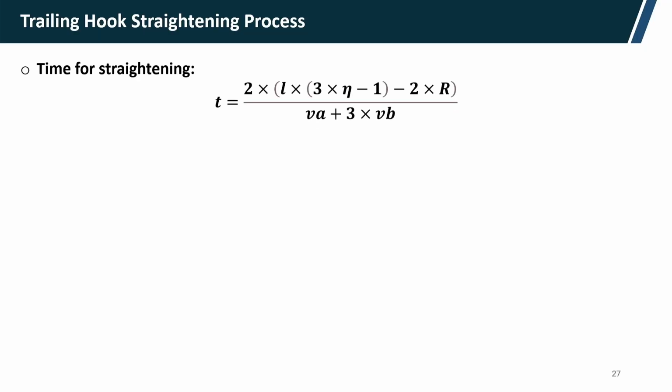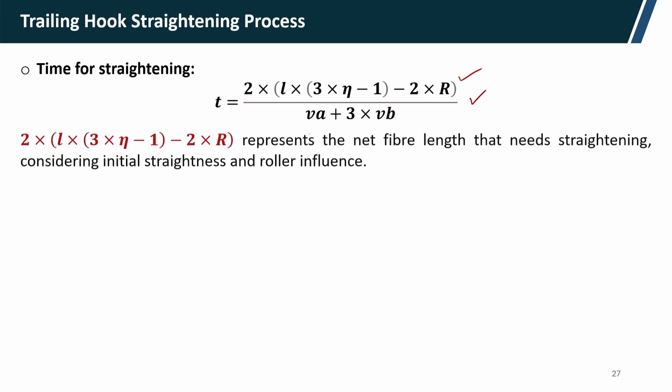So, T equals 2 multiplied by L multiplied by (3 eta minus 1 minus 2R), divided by (VA plus 3 VB). This can be derived.